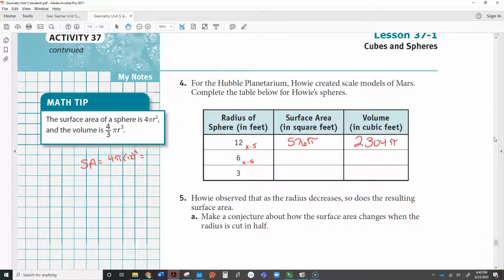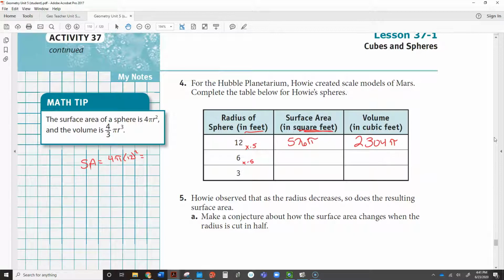Okay, now if we do it with 6, this is halved. I'm saying that this is going to be reduced by half squared. Because why? This is square feet. And so whatever the change is in feet, if we square it, then that will be the change here.